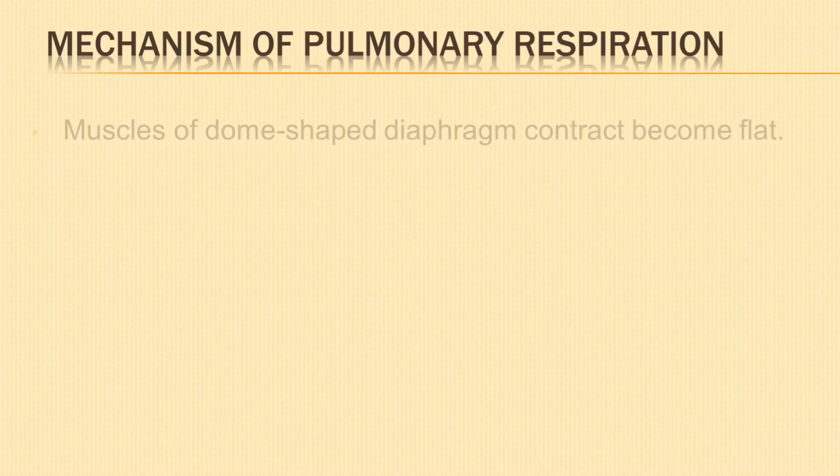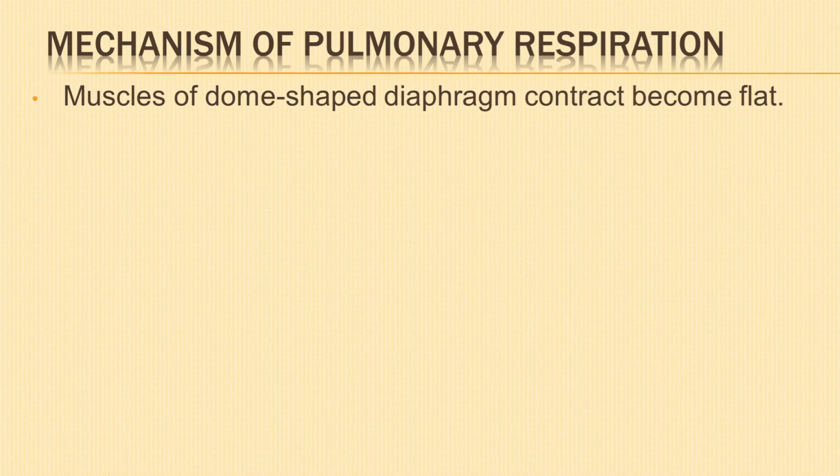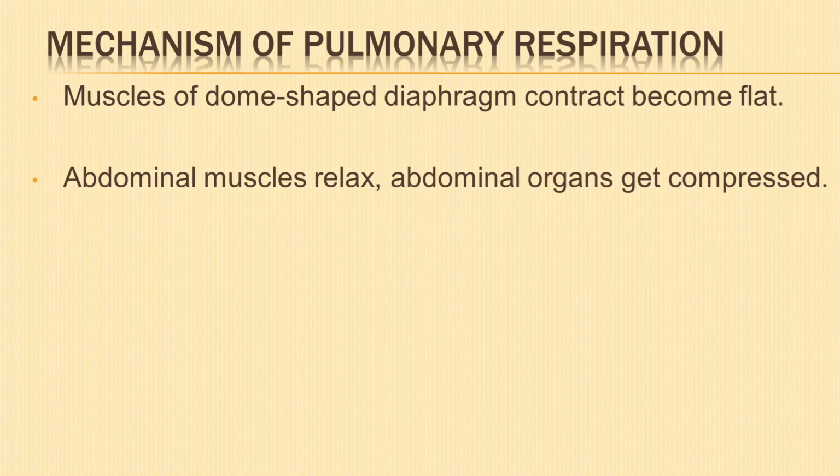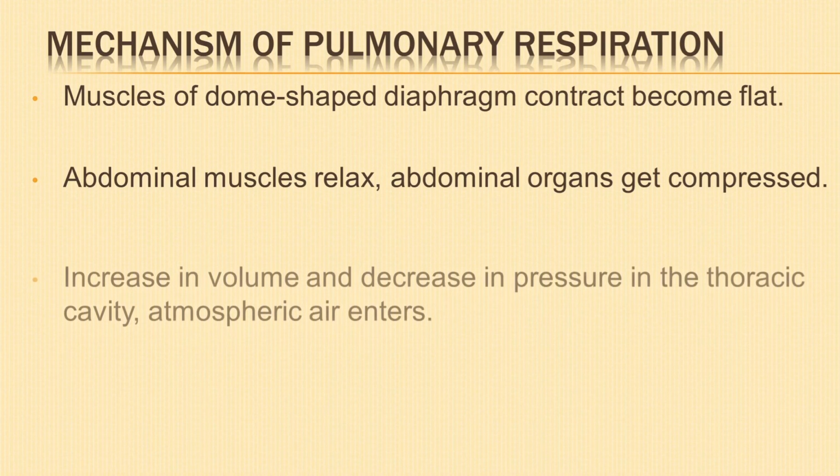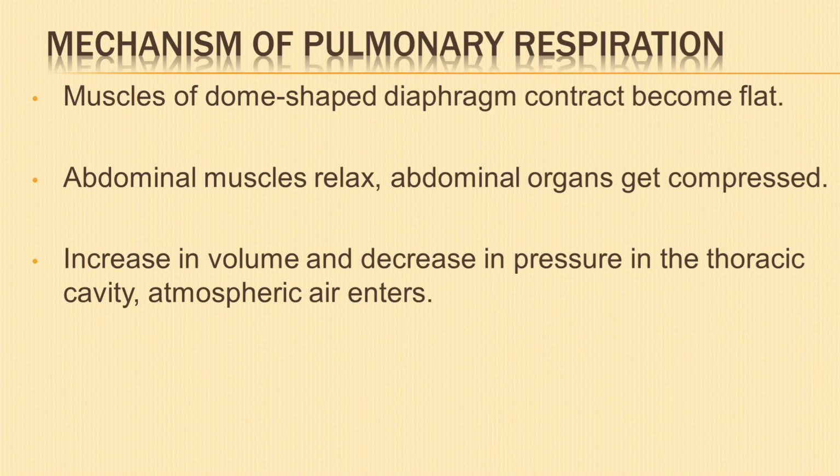The muscles of the dome-shaped diaphragm contract. The diaphragm becomes flat. The abdominal muscles relax, resulting in the compression of the abdominal organs. With increase in volume and decrease in pressure in the thoracic cavity, atmospheric air rushes into them through the air passage.